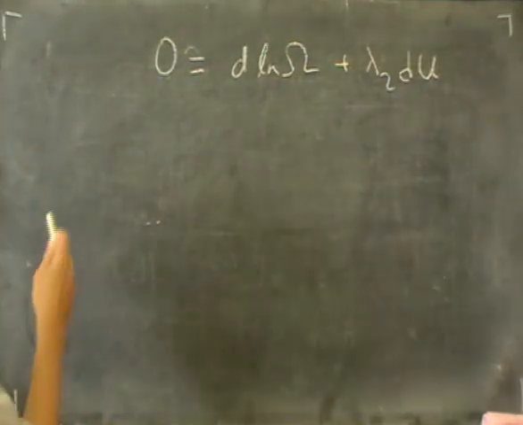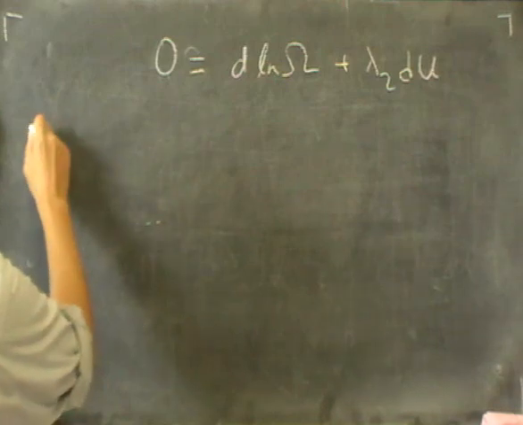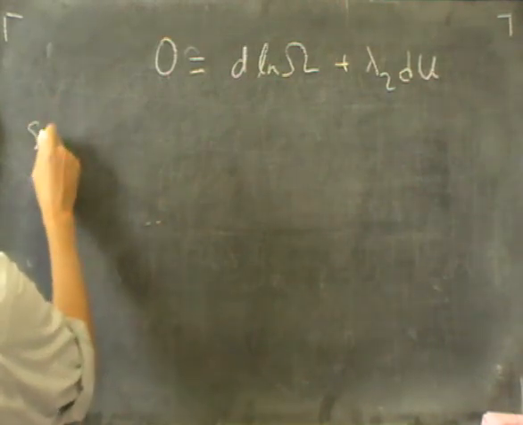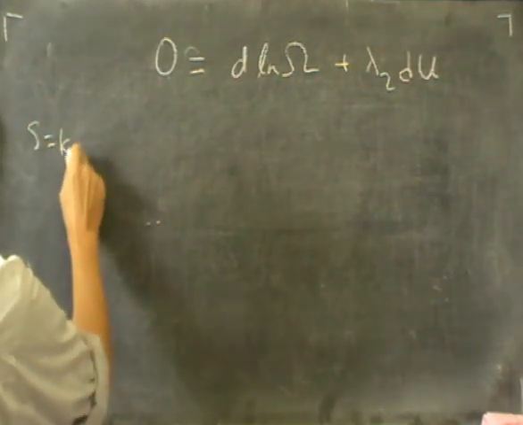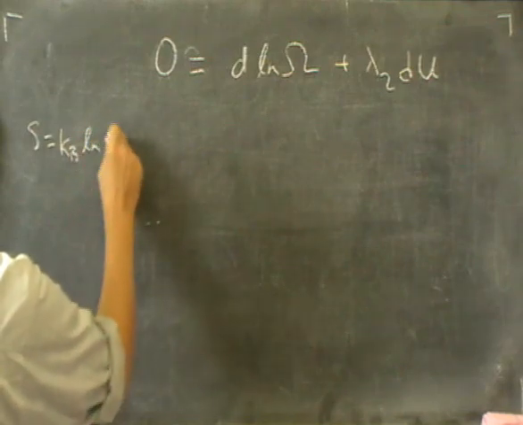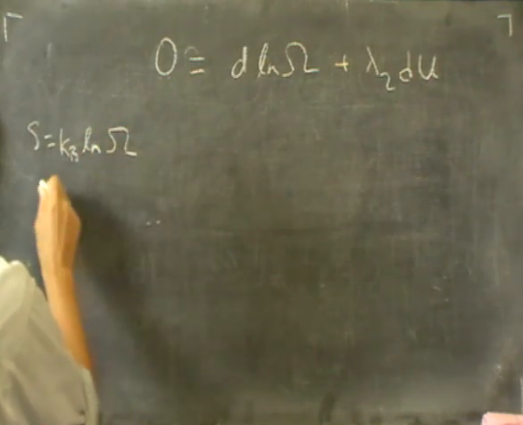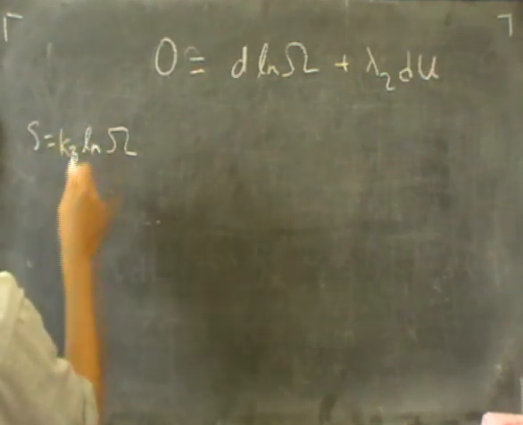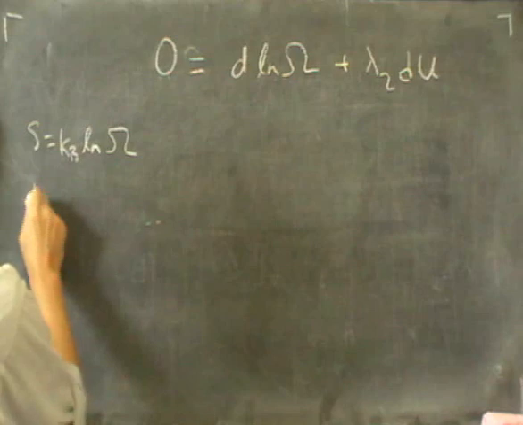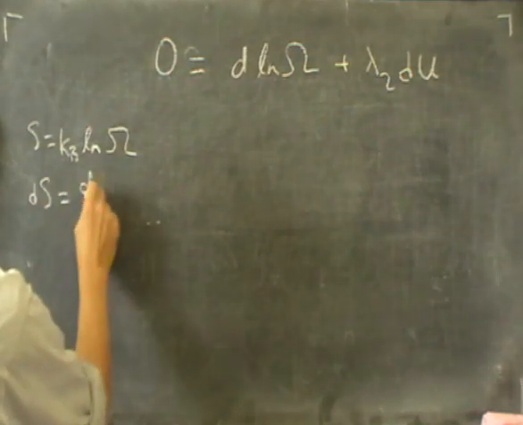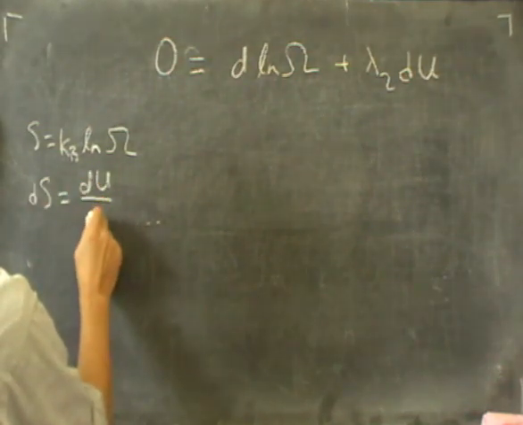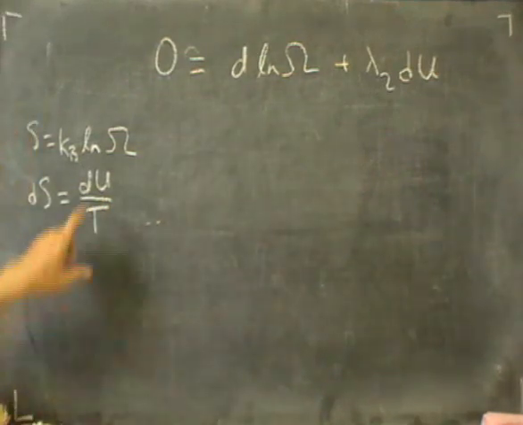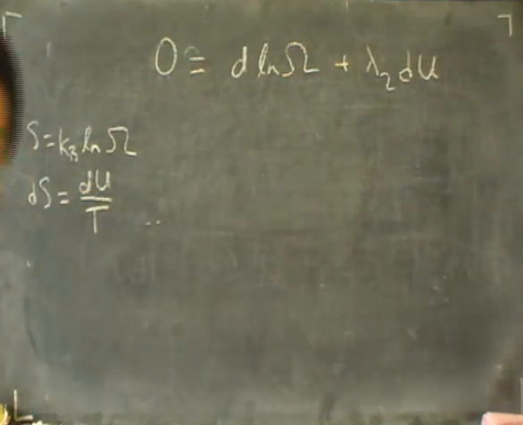And on the side, let me write down Boltzmann postulate, which is S is equal to kB log omega, and the thermodynamic relation, which is dS is equal to dU over T. Alright, dU is the same as the dQ.